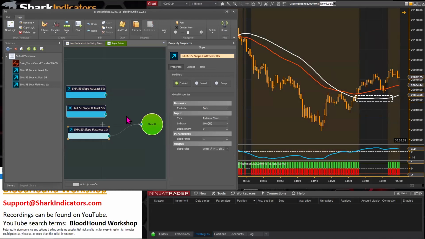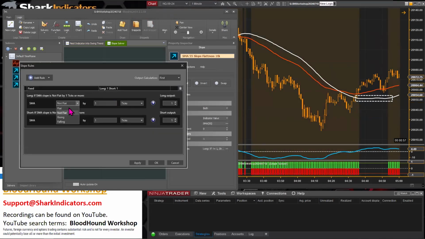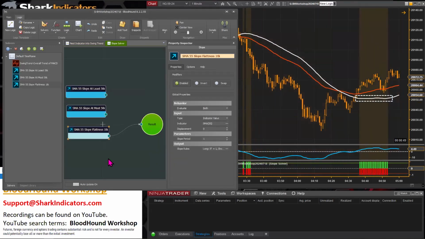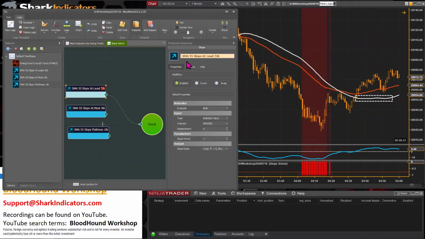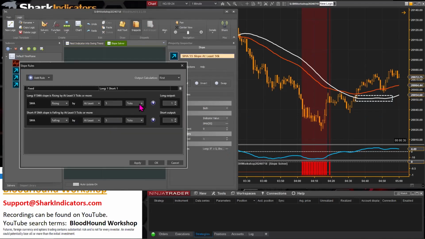All right, so I'm going to put this one back there, like so. And let's see here. Yeah, let me go back to the 5 ticks of slope here. Let's go back in. And let's put this on points.